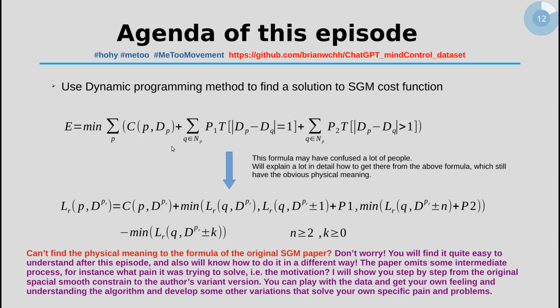Okay, so in today's episode we are going to talk about how we go from this formula, which has obvious physical meaning, to this. This is the formula you can get from the original SGM semi-global matching paper. But that paper didn't list very clearly how it was derived from this formula to this formula.